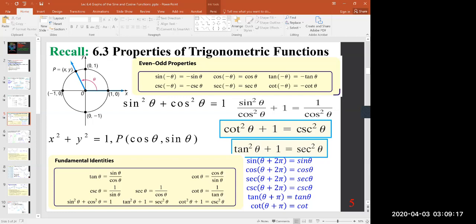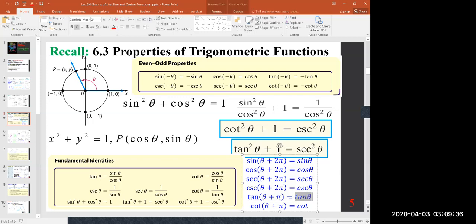We have also periodic functions, and the period is 2 pi for all of them except tangent and cotangent. This is, of course, cotangent theta, class.